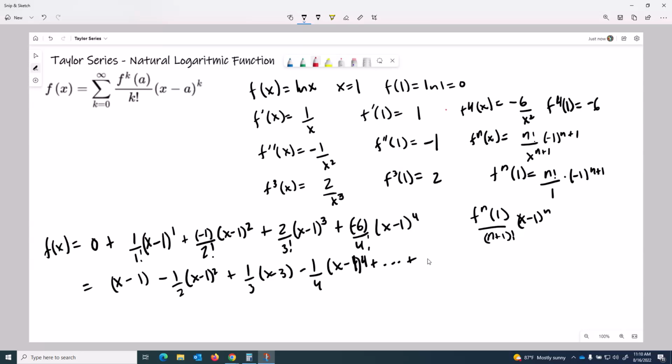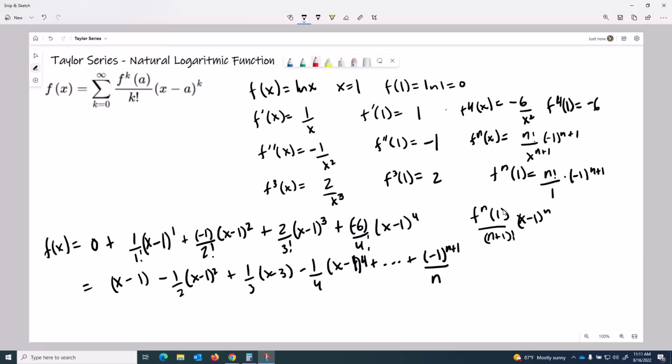Now at that point, we just need to add the last term. The last term is found by using the formula that we found over here. What we can do is use negative 1 to the n plus 1, divided by n.